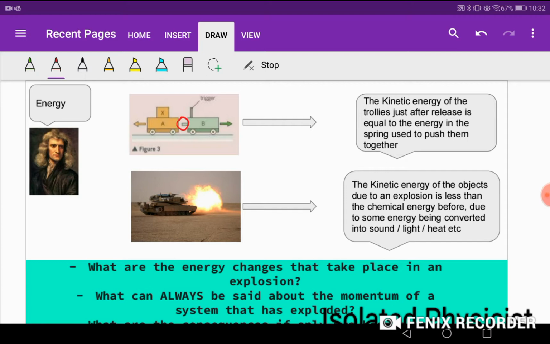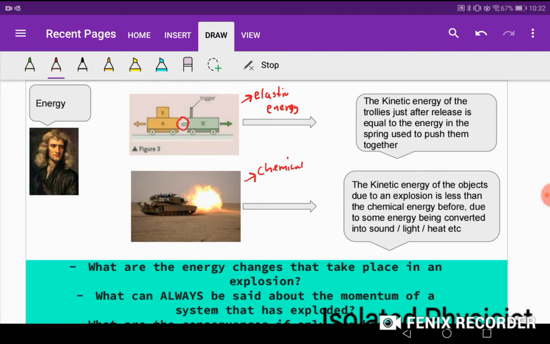Because we're obviously transforming energy from one form into another. Initially it's at rest, so we haven't got any kinetic energy at the start, so we've got to get it from another form. Here we've got elastic energy. If we're talking about a tank, and we use something like gunpowder, we've got chemical energy.